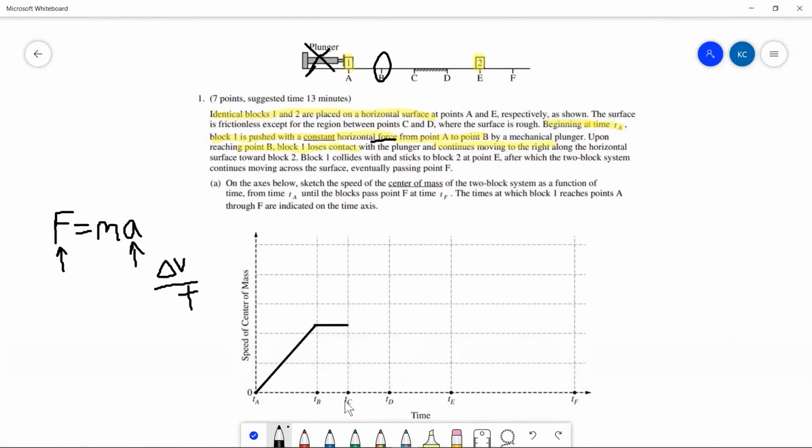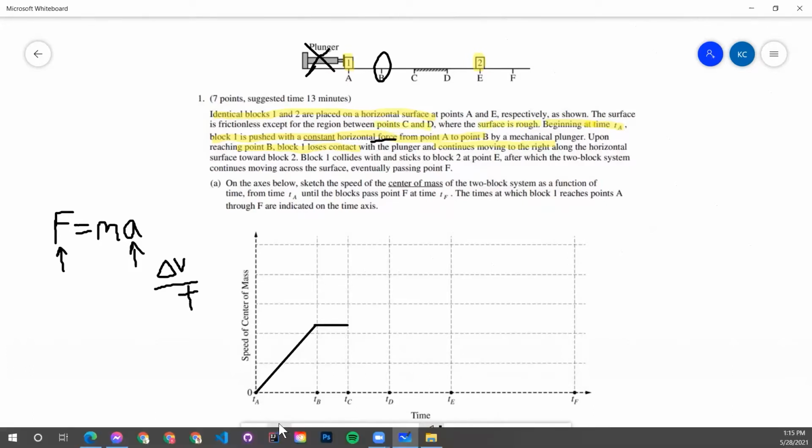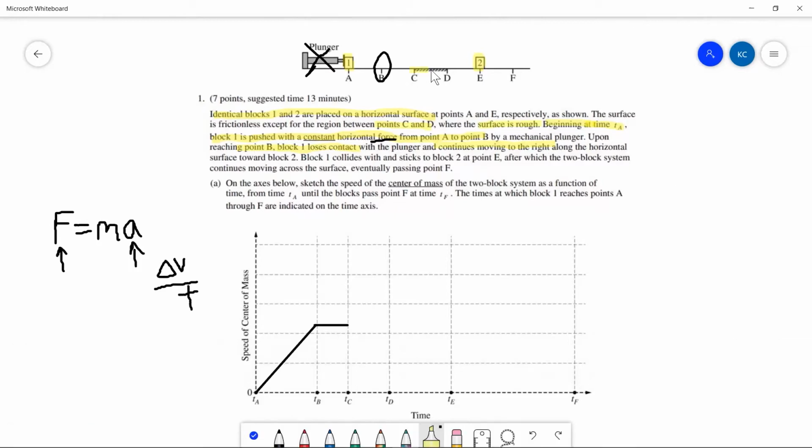Next up, we have from point C to point D. Earlier in the question, it says that from point C to D, the surface is rough. Over here, you can see that this part is denoted by a rough surface. That means there's friction.